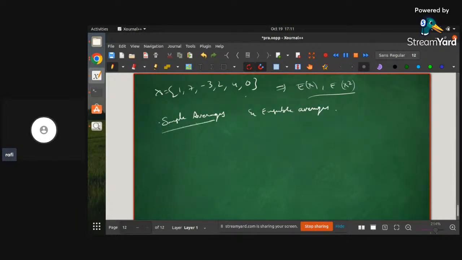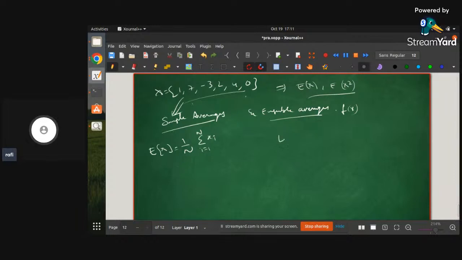In sample averages, whatever data we have, we assume that is sufficient, and we find the average values from the data. Whereas in ensemble averages, you need to know the distributions. In sample averages, the mean is defined as 1 by n, summation i equal to 1 to n, xi.